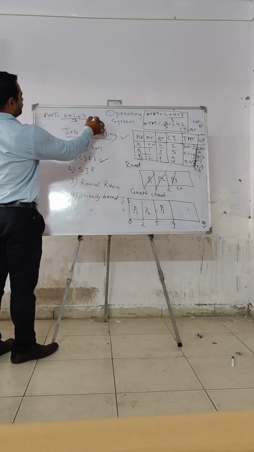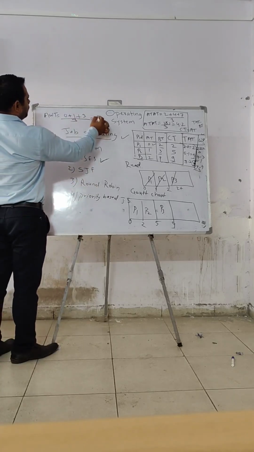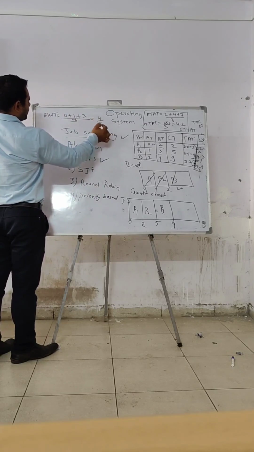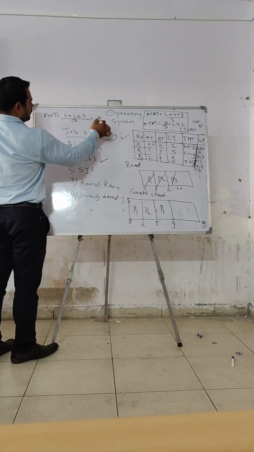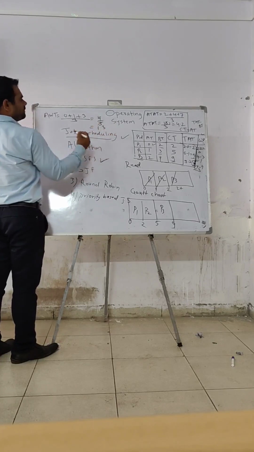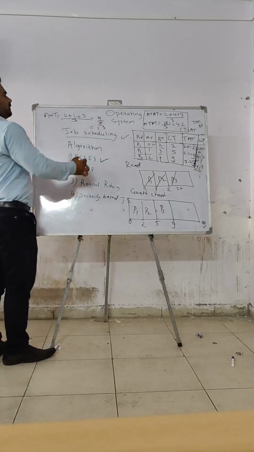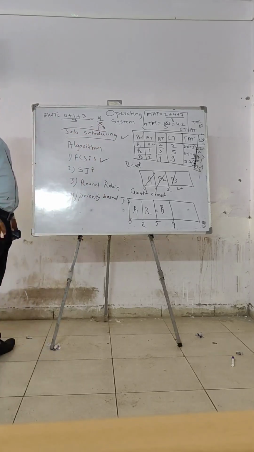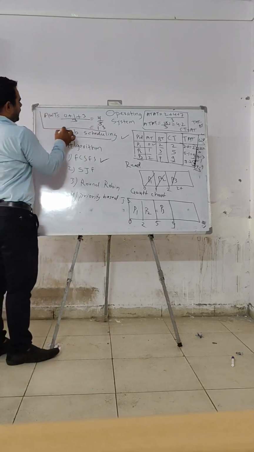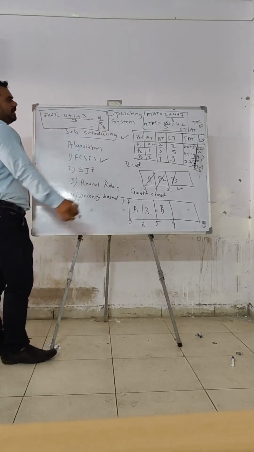It will be 4 by 3, and the final answer will be 1.3 something. This is the average waiting time.